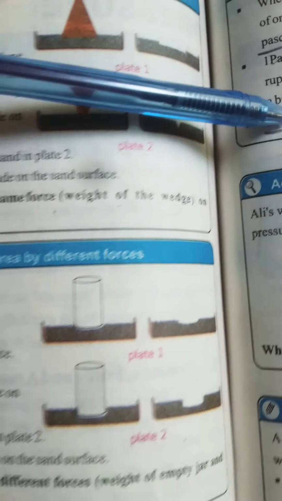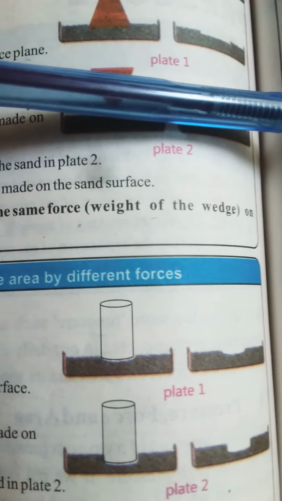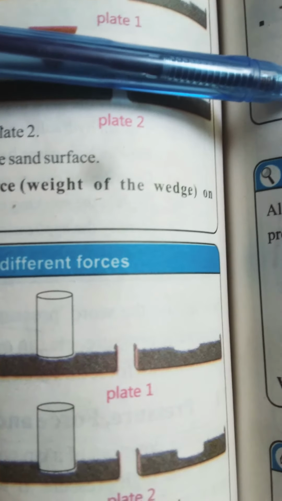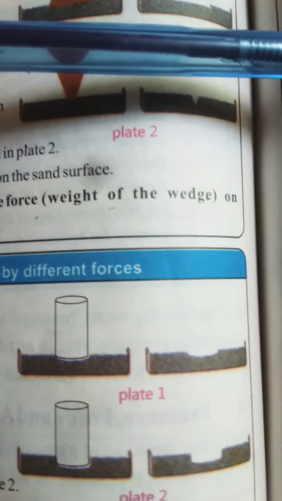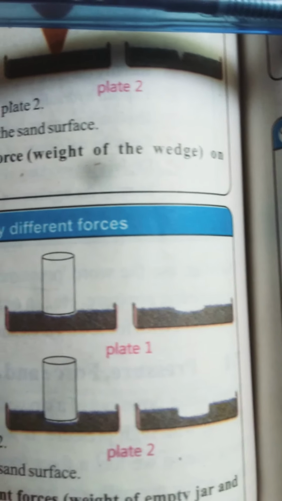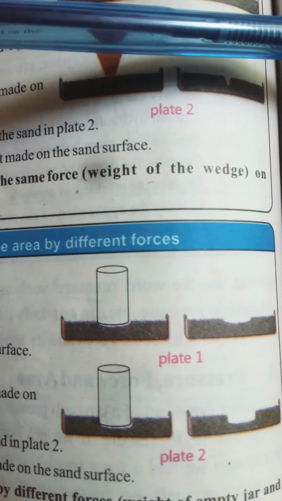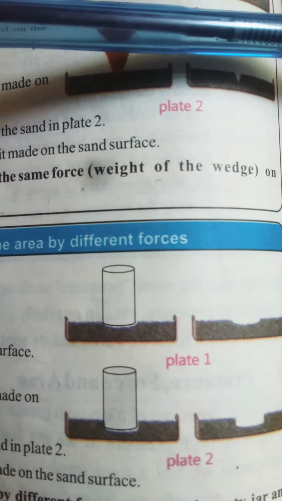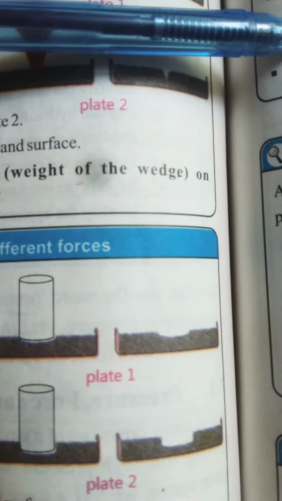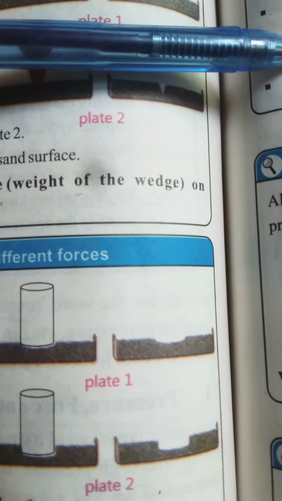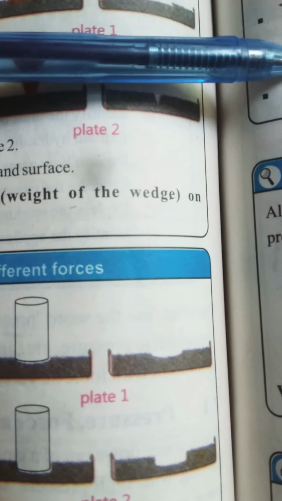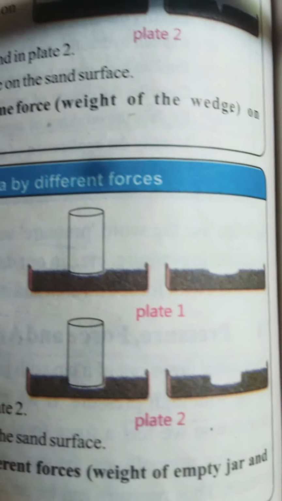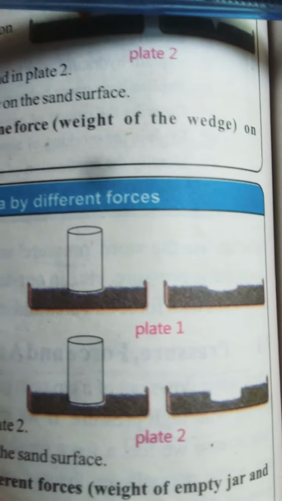And next we have a glass jar, two identical plates and wet sand too. We have filled the plates with wet sand and leveled the surface. We place the empty jar on plate 1, and when we pick the jar up, you can see the depth of the mark on the sand surface. And next, on plate 2 we have filled the jar.